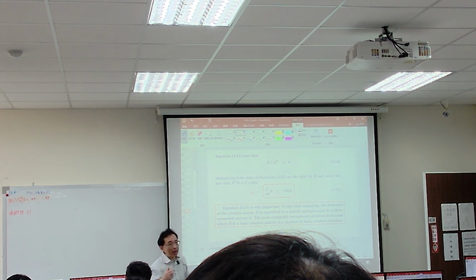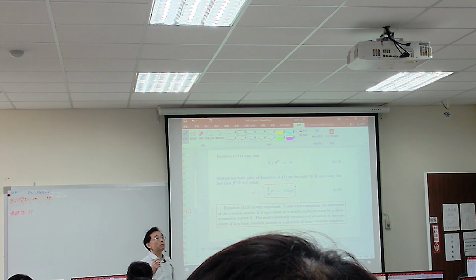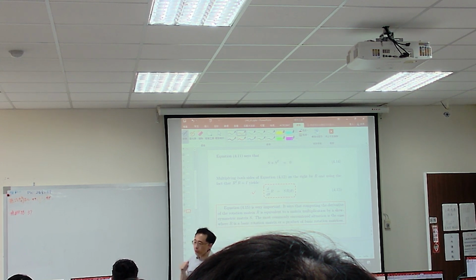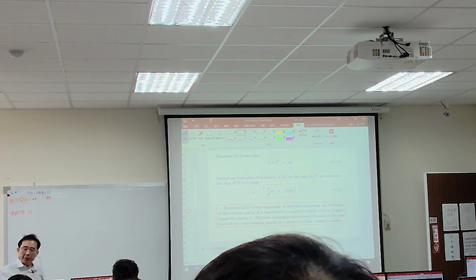Okay, so eventually I have the rotation velocity. And I have the S skew matrix and the original rotation matrix. We need this relationship to continue our derivation.